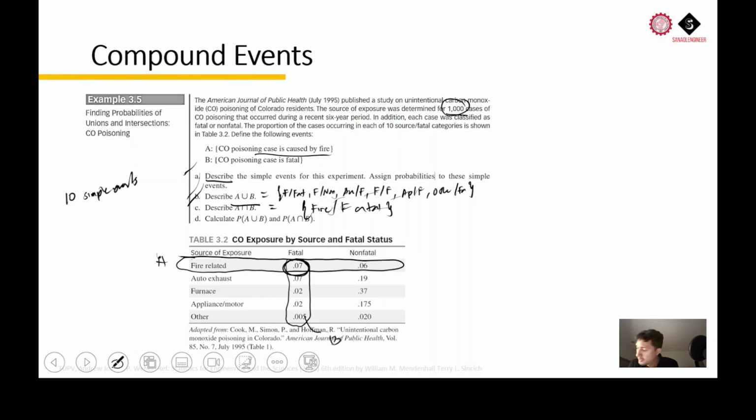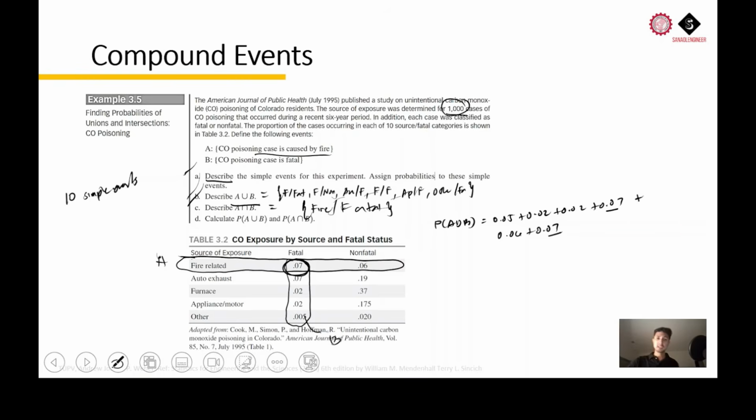Now letter D. Calculate the probability of the union of A and B and the probability of the intersection of A and B. So for P(A union B), that means we have to add 0.05 plus 0.02 plus 0.02 plus 0.07. That's for B. Plus for A is 0.06 plus 0.07. So notice the 0.07 is counted twice.